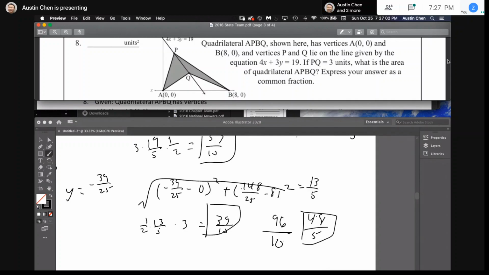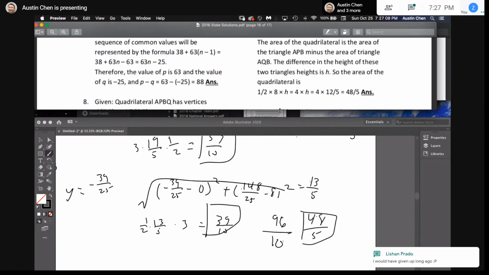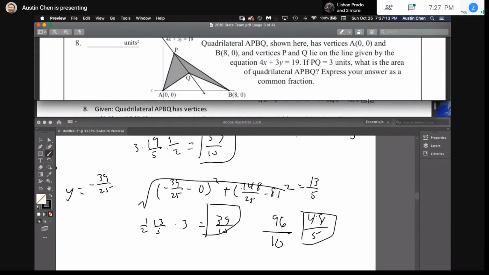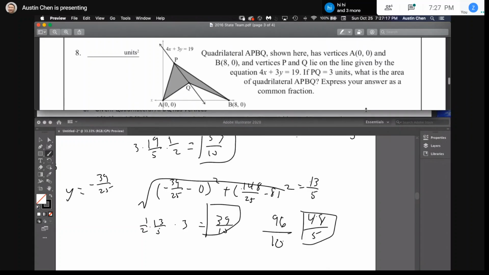I don't know. So, while you were talking, I thought of a better method. Oh, cool. So, go back to the problem. It doesn't say where P and Q have to be, so you can have Q on the x-axis, right? Oh, wow.